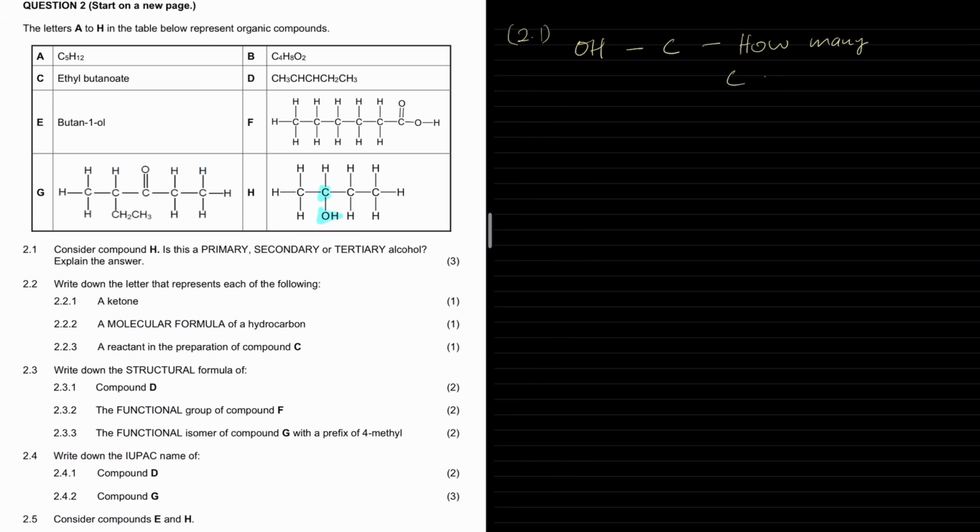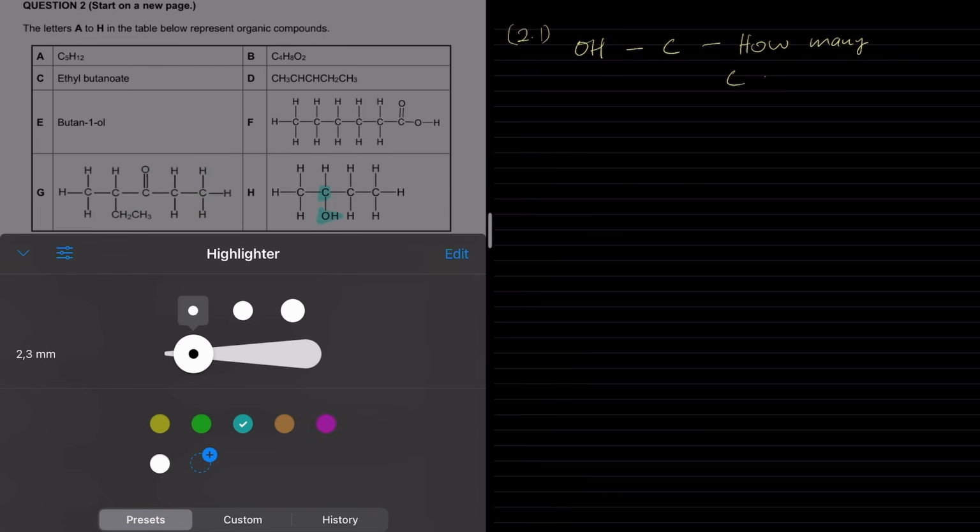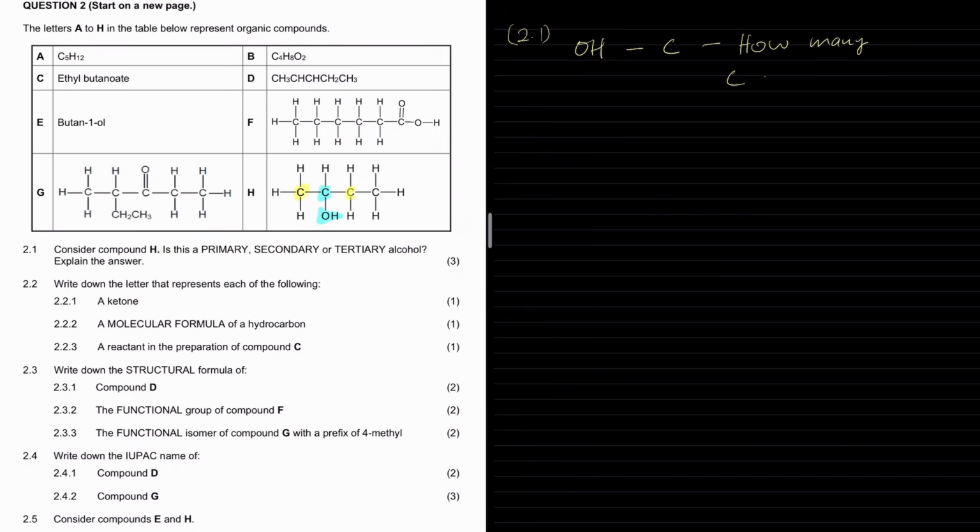My OH is bonded to a carbon, and that carbon is bonded to 2 other carbons. So since it's bonded to 2 other carbons, it is a secondary alcohol. And why? What is the reason? It's because the OH is bonded to a carbon that is bonded to 2 other carbons.